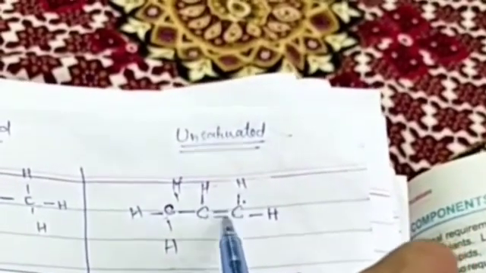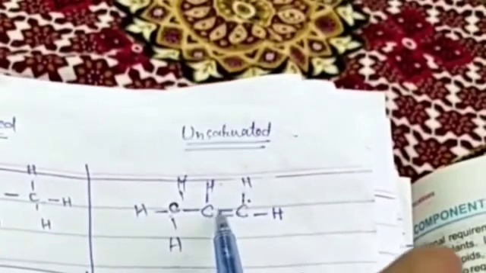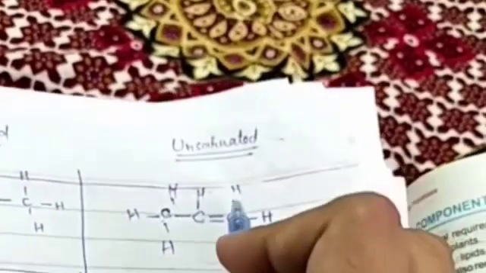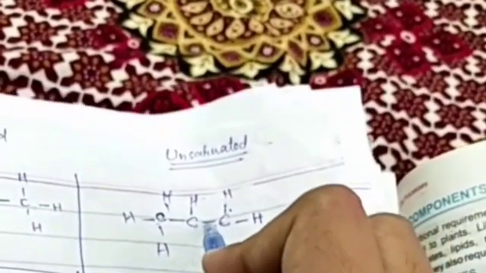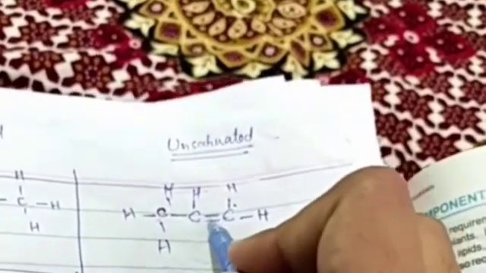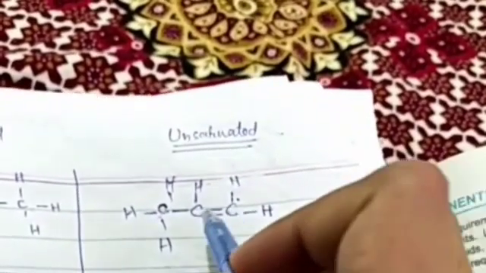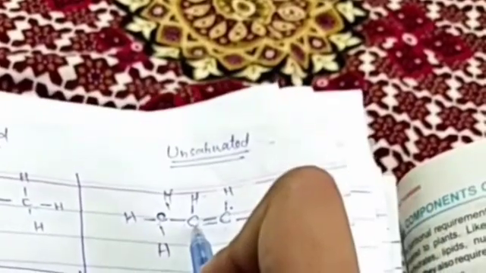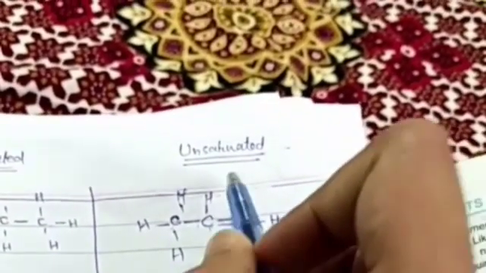So there is space between the 2 carbon atoms to add hydrogen atoms. If we remove this double bond, there is space for 2 more hydrogen atoms to add to this molecule. So this is an unsaturated fatty acid.